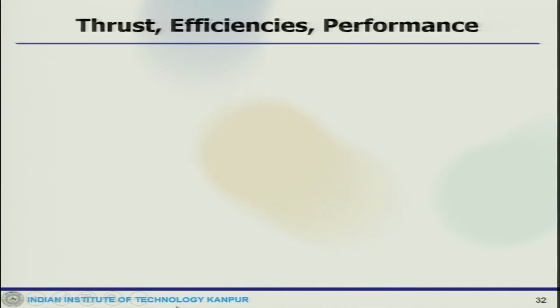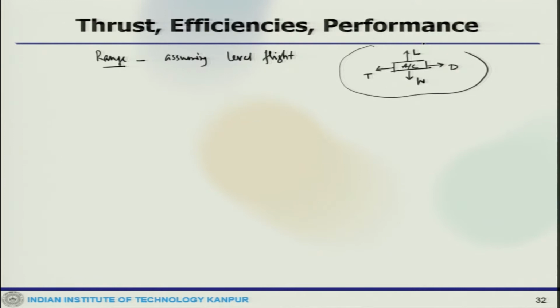So again, what we have looked at is the range assuming level flight. Which means, if this is your aircraft, then thrust is balanced, this is weight and this is lift. This is what you call level flight, where thrust, lift and drag are balanced.